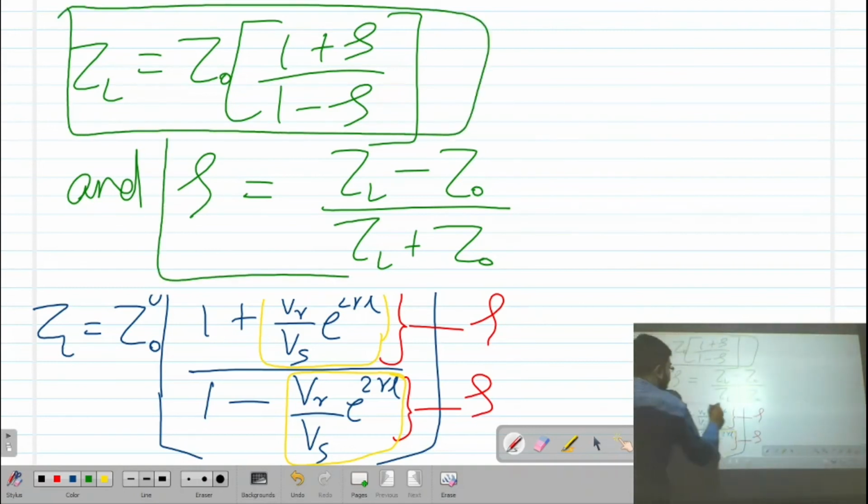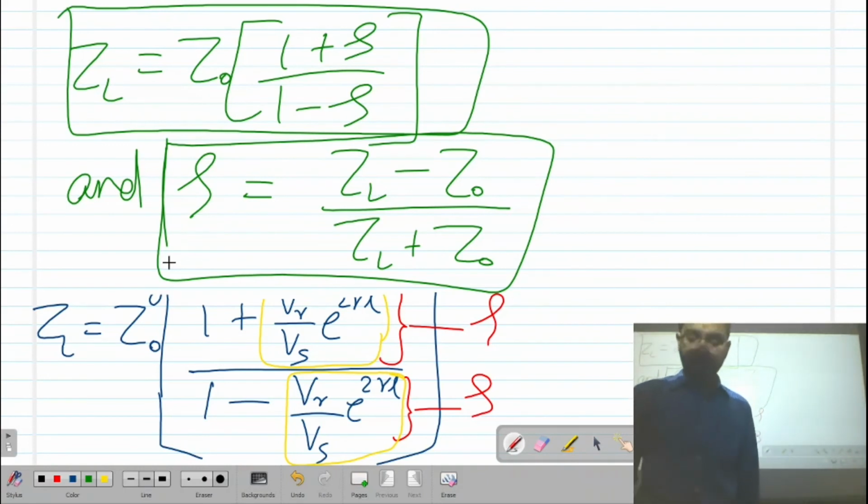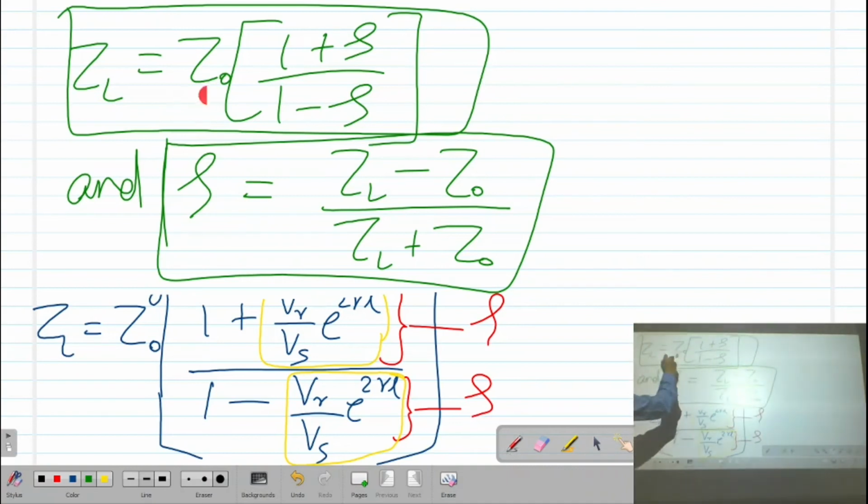So these two are the required equations for what we are interested to study: the reflection coefficient's relation with the characteristic impedance Z0 and the load impedance. This is all about the reflection coefficient. Okay, thank you.